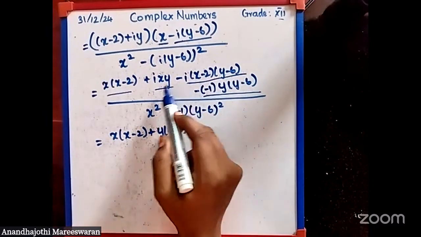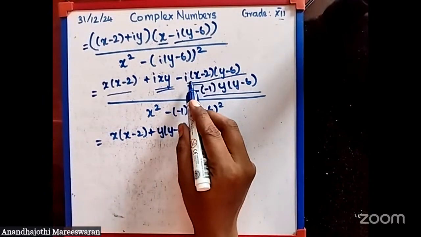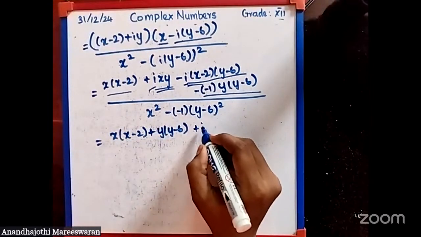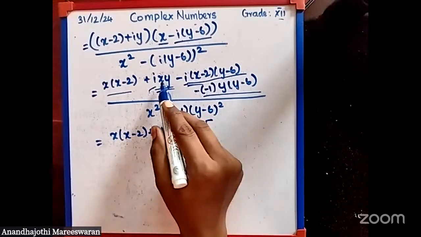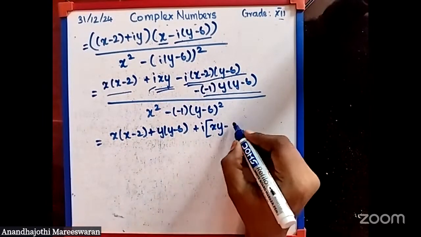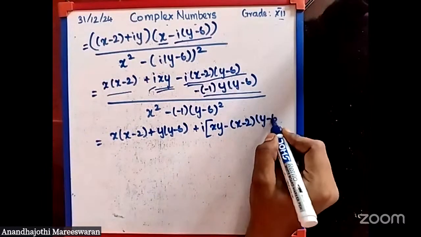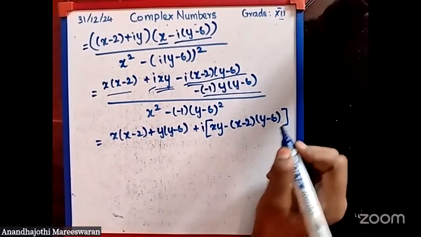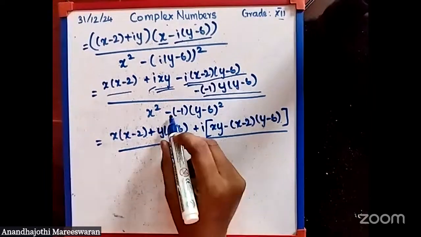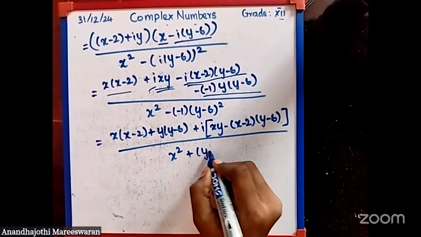These two are the imaginary parts. For both of them there is a common element, i, so I'm going to take this out. Plus i, and who remains here? xy minus (x minus 2) multiplied by (x minus 6). The entire thing has a denominator x squared minus into minus 1, so plus (y minus 6) the whole square.